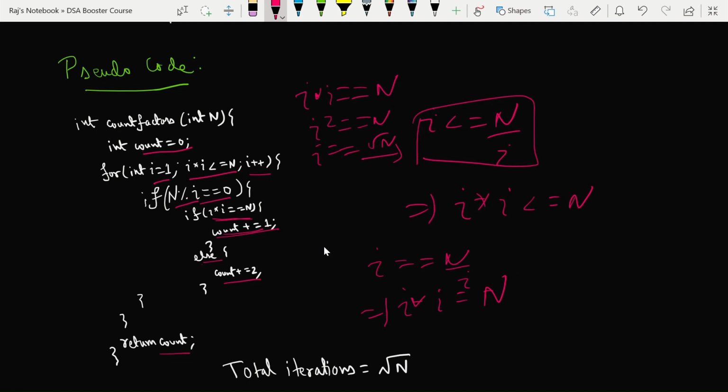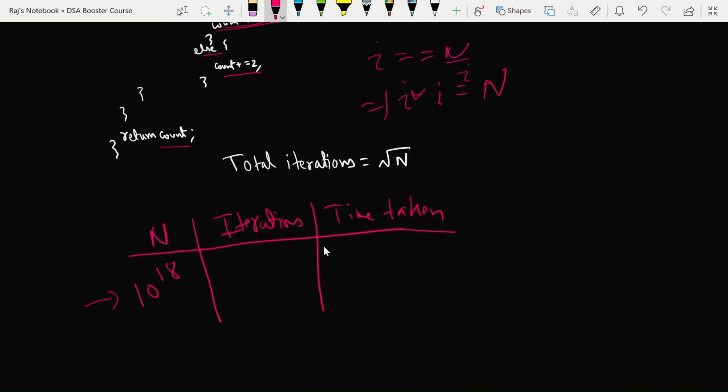So now let's see what is the time taken for the earlier input size 10 raised to power 18. The number of iterations now would be root n. So 10 raised to power 18, if we do the square root, is 10 raised to power 9, and the time taken is now 10 seconds.